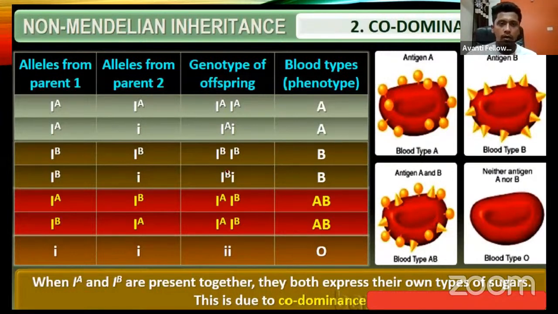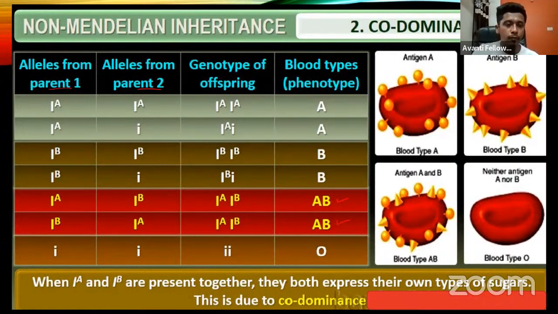Now, let us see what the parents' alleles should be to get a particular phenotype. We have parent 1 here, and parent 2 here, and several different variants of alleles to get a particular set of blood groups. Our intention is to find when we can get AB blood group.